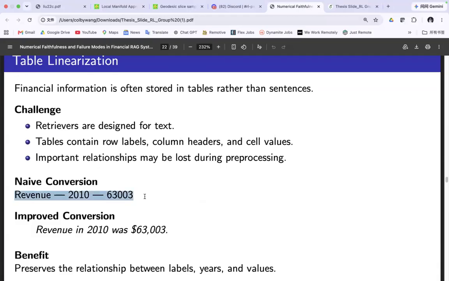A naive conversion may be just a row like "revenue 2010 63K", but an improved conversion could be "revenue in 2010 was 63K". This still only deals with simple tables, and it probably will not work for complex tables. The benefit is that we want to preserve the relationship between labels, years, and values.